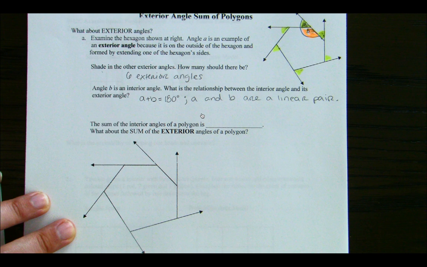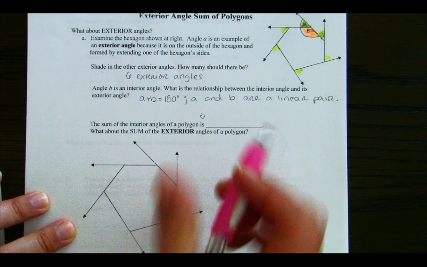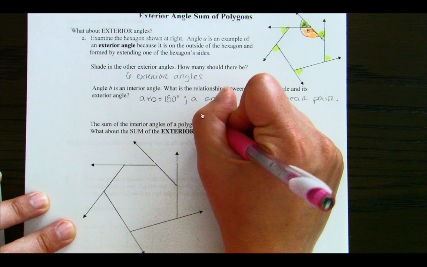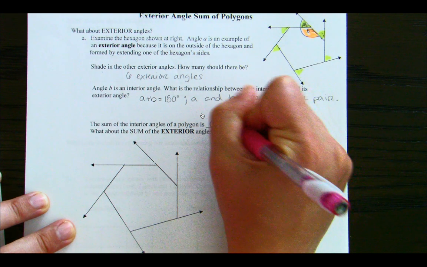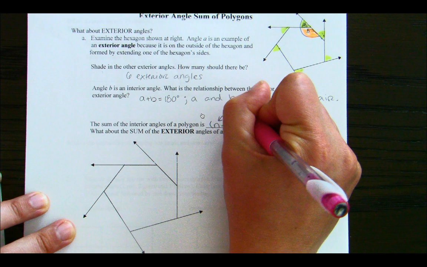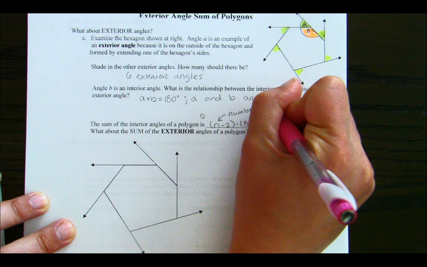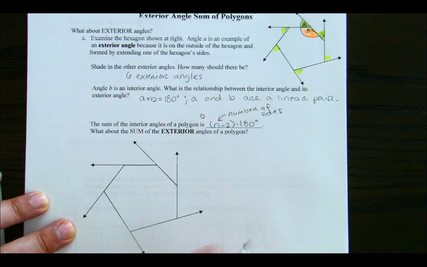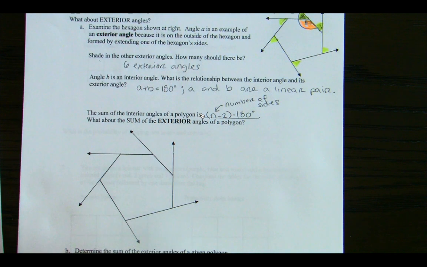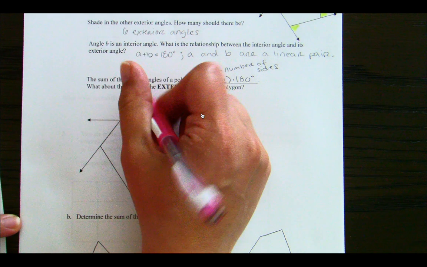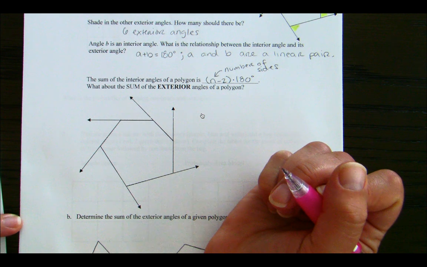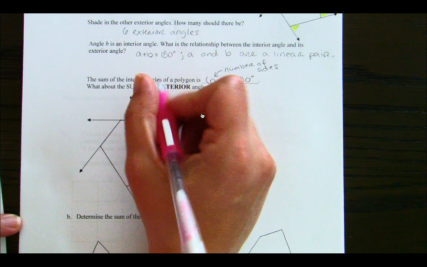The sum of interior angles of a polygon, referring to the previous lesson, is n minus 2 times 180, where n is our number of sides. So we need to figure out the exterior measure. What is the sum of the exterior angles? The first thing I'm going to do is draw out and figure out how many 180-degree lines we have.